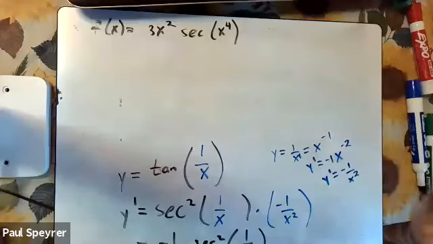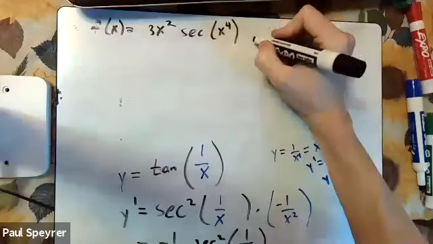And we want f prime of x for the first derivative. Well, this one is even more complicated. It's not only the chain rule, it's the chain rule and the product rule right here.